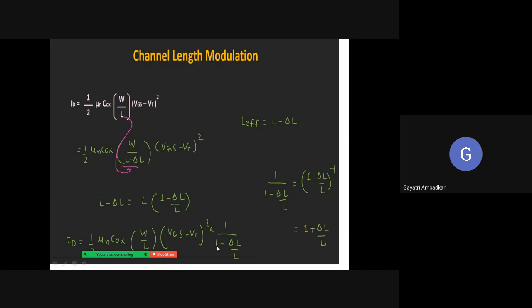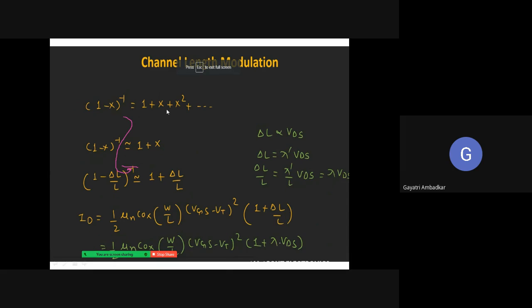So we can write this 1 minus delta L by L. If you consider this as x, and if I solve this series, I can interpret this series as 1 plus x. So I can write this 1 minus delta L by L as 1 plus delta L by L.